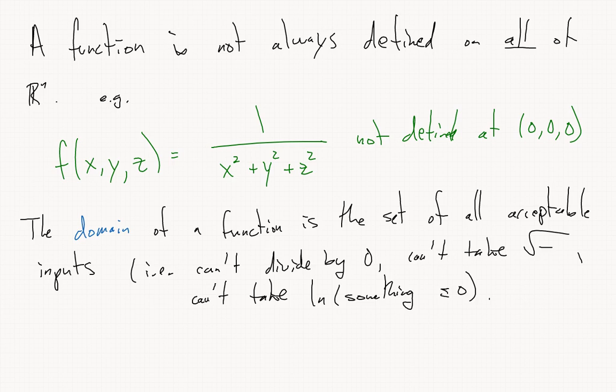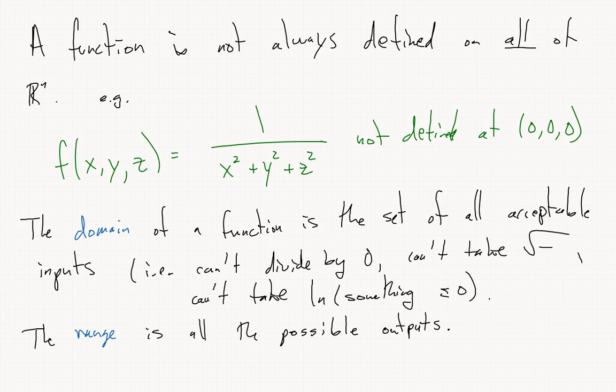Then the range is all the possible outputs. So just as for functions of one variable and one output, the range is not always easy to determine.